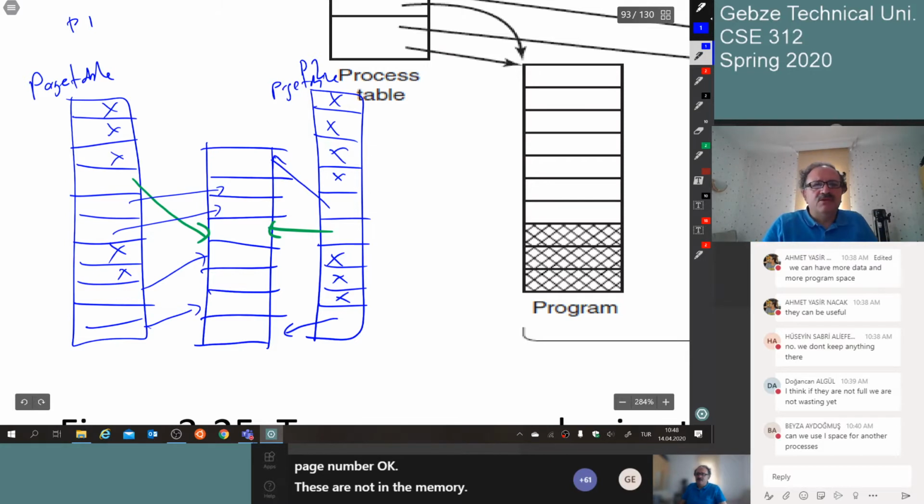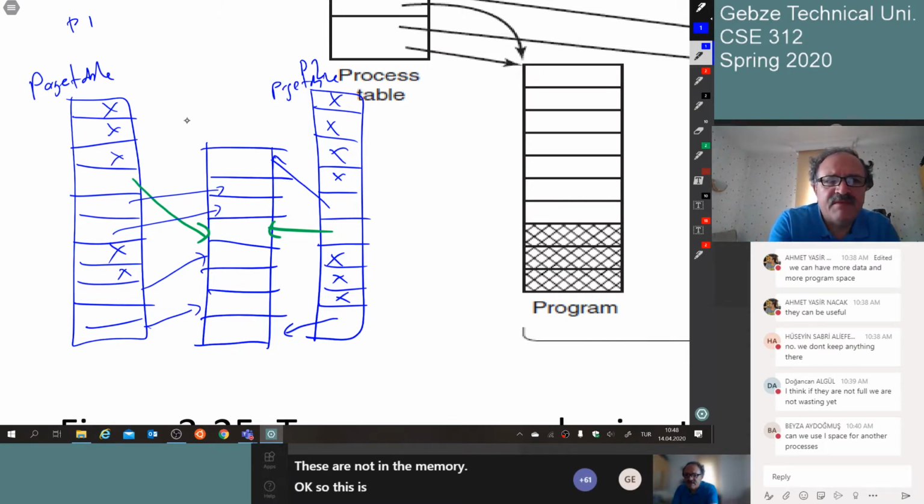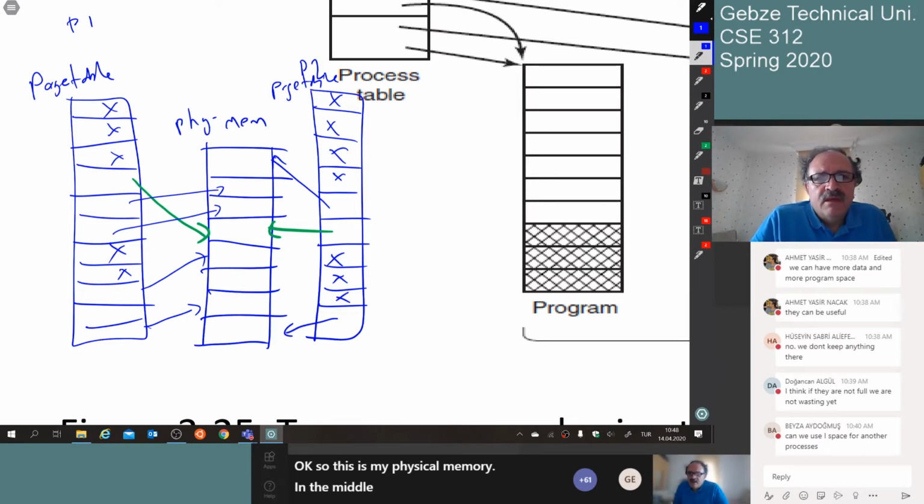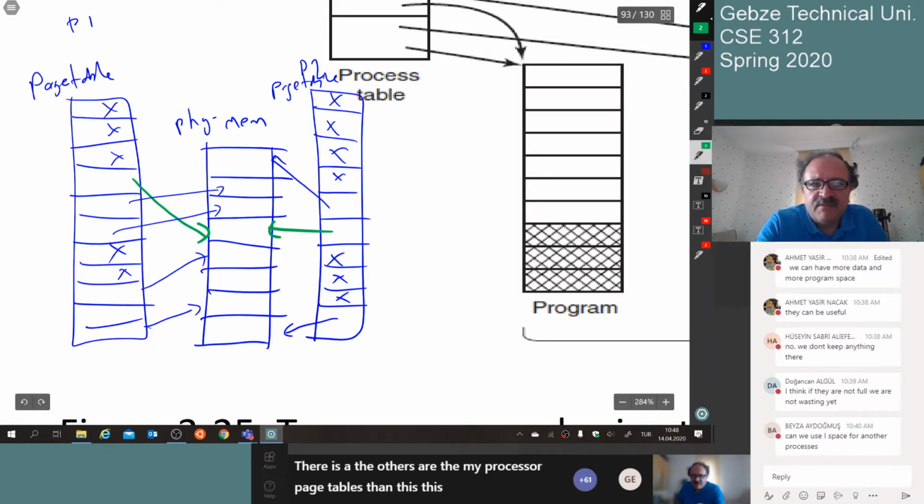So this is my physical memory in the middle. The two others are my processes' page tables, and this page frame that I marked with the green color is shared.